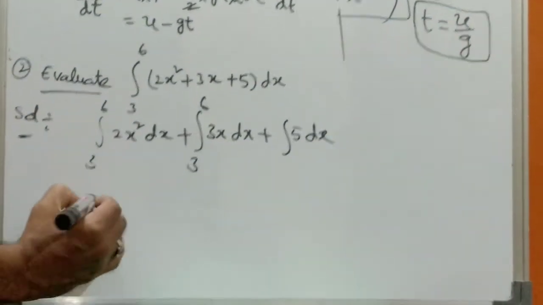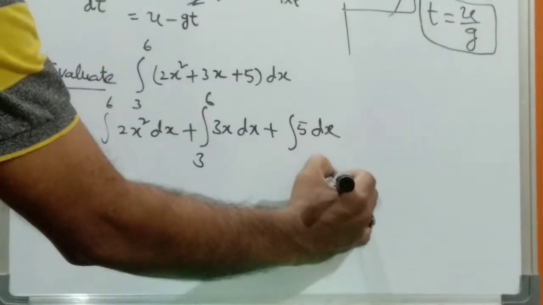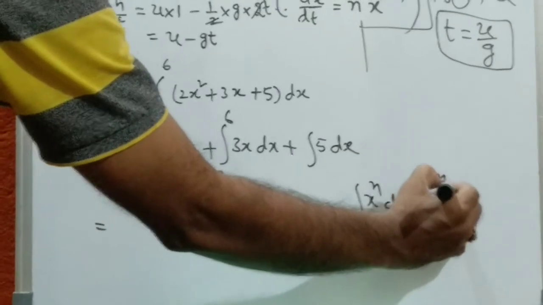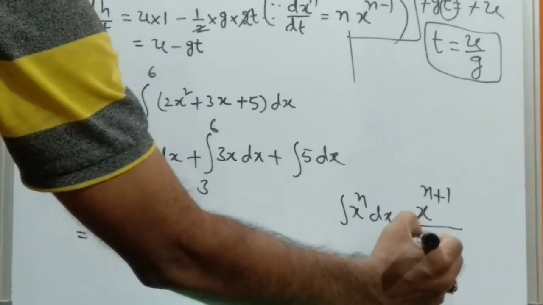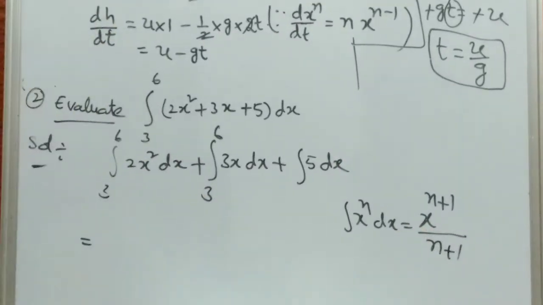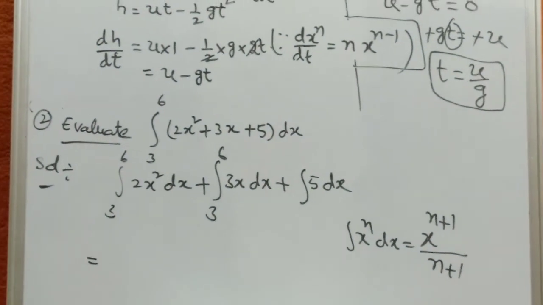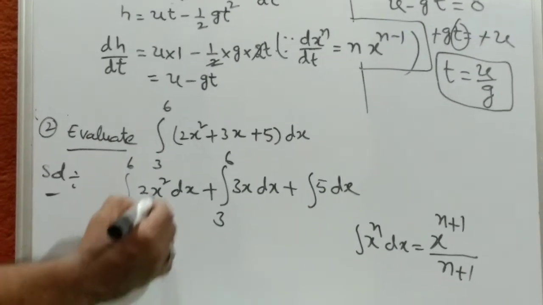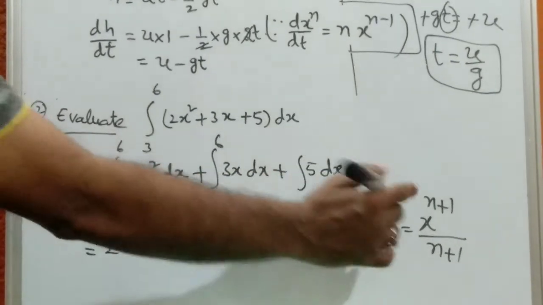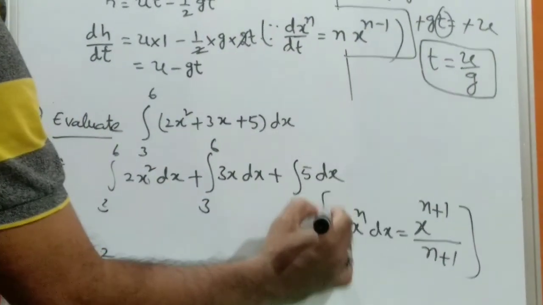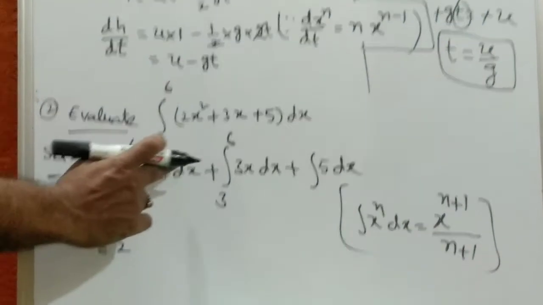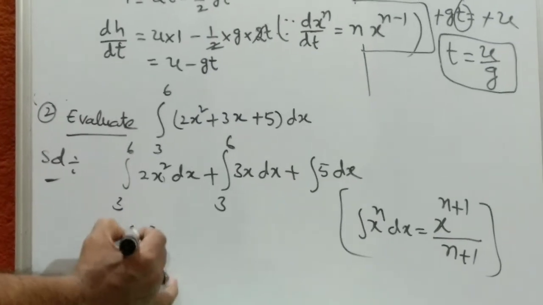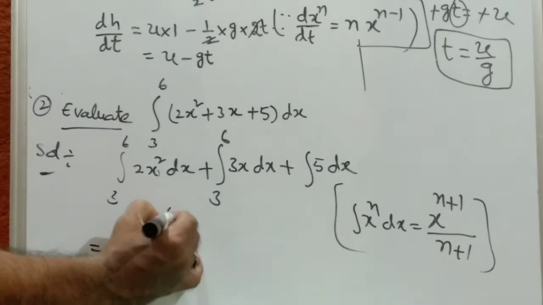Here we are using the formula: the integral of x to the power n dx equals x to the power n plus 1 by n plus 1. Substituting here, 2 is constant, so take out the 2. For x squared, using this formula, x to the power 2 plus 1 by 2 plus 1, we get 2 x cubed by 3, with limits 3 to 6.